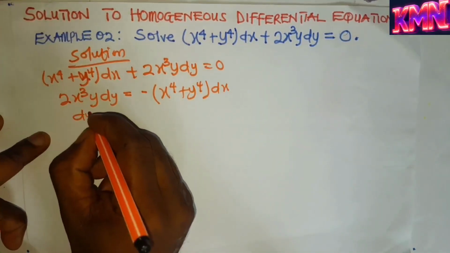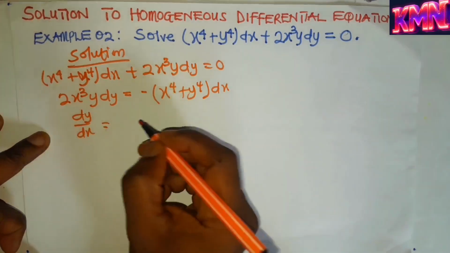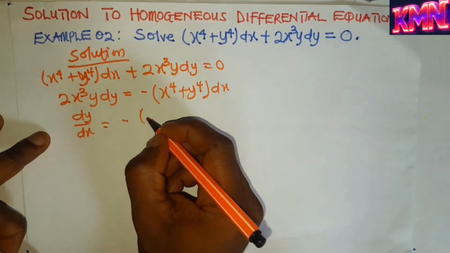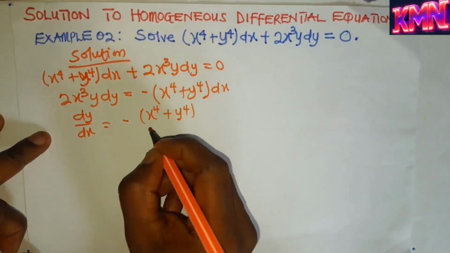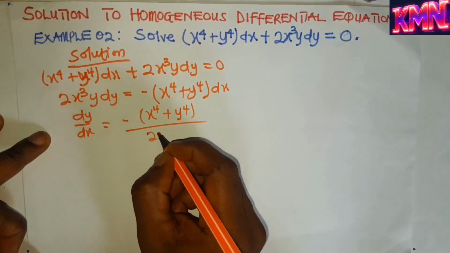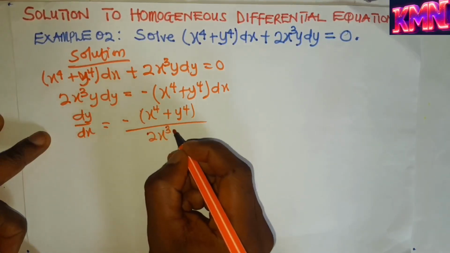So in that case, our dy/dx equals negative (x^4 + y^4) on 2x^3 y.